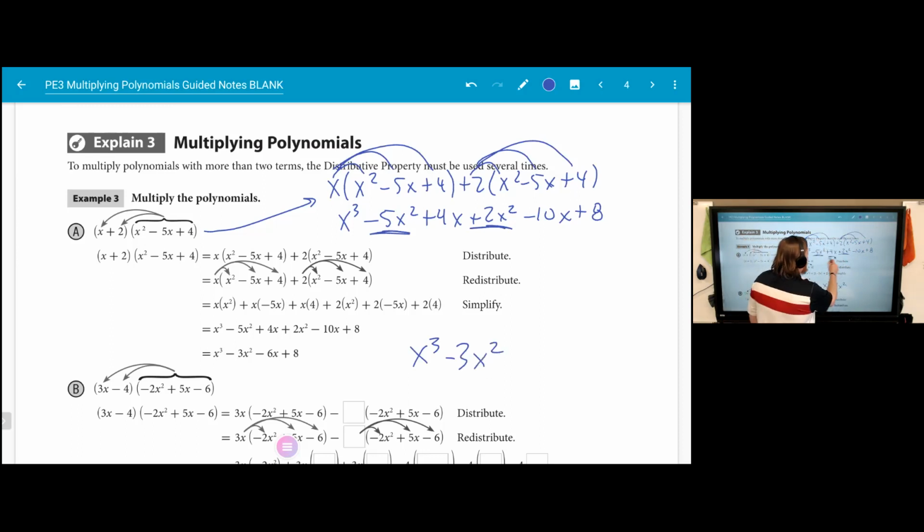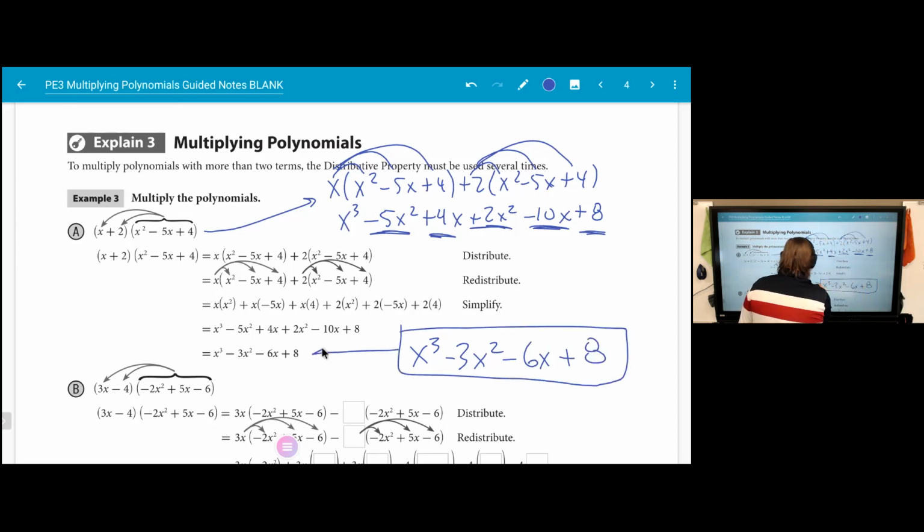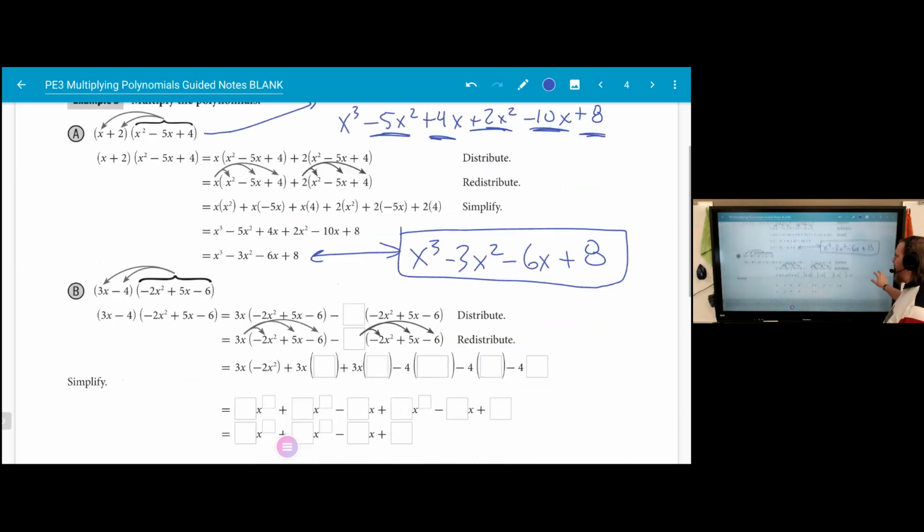I have two terms with just x's, positive 4x and negative 10x, which gives minus 6x, and only one term is a constant, plus 8. Do these match? I sure hope so. Again, that's our distribution.